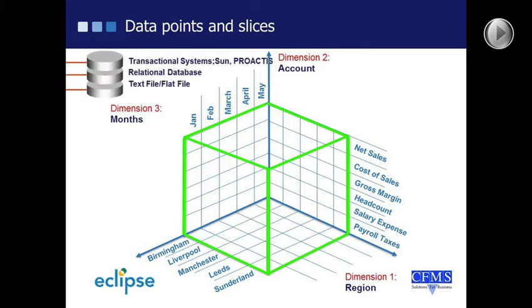Where can we take data from? Well, anywhere really. Any of your transactional systems. I put Sun and ProAxis up there, but it can be any ledgers, any ERPs, any CRM system. It doesn't really matter. We have full ODBC compliance. For some accounts, coupling is going to be tight because it is an Infor product, but we have a full-blown ETL tool that will link to any data source, or even a data warehouse if you have a data warehouse, or text files, flat files, or other spreadsheets.